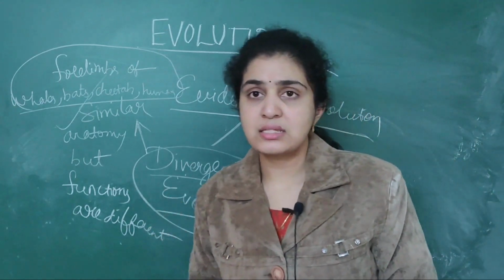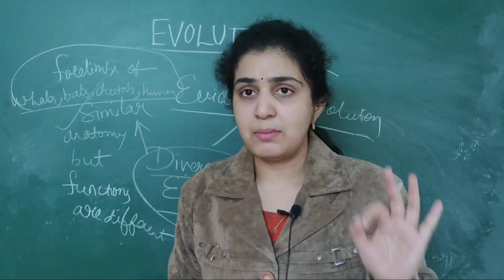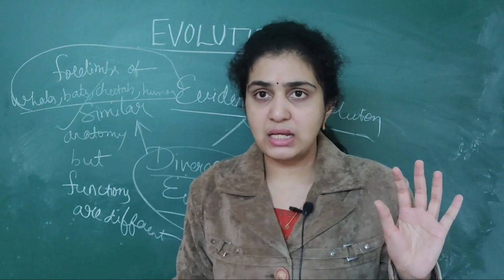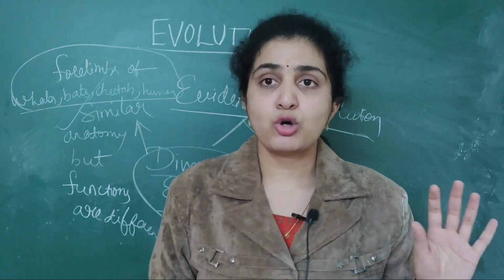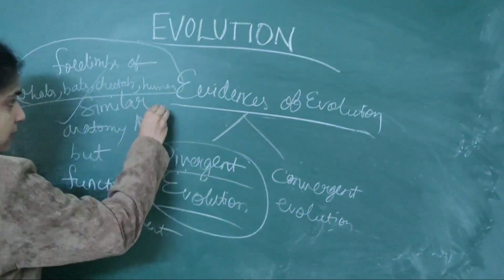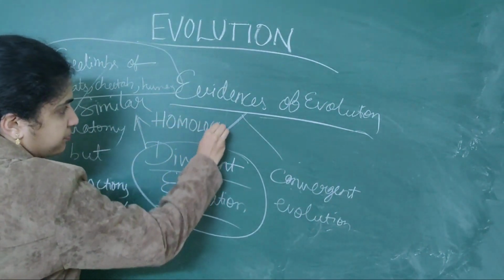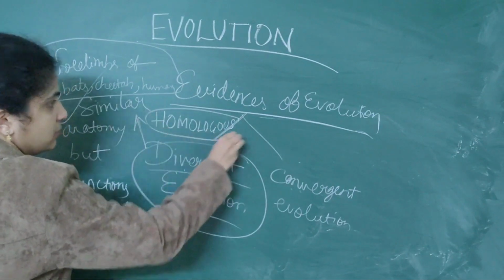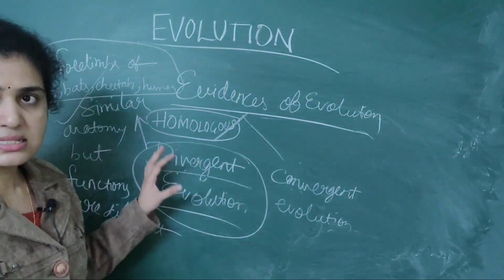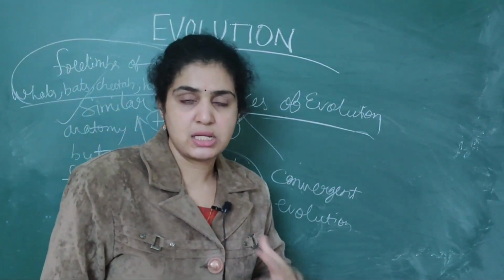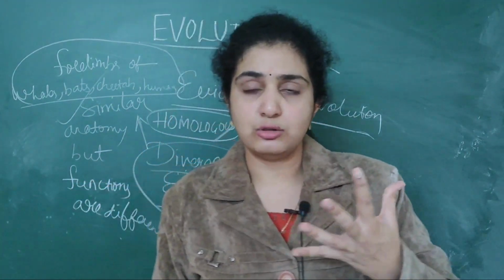If the anatomy is similar, that is, if they appear similar, they are called homologous organs. This type of evolution is called divergent evolution.